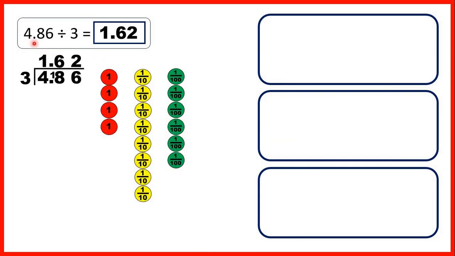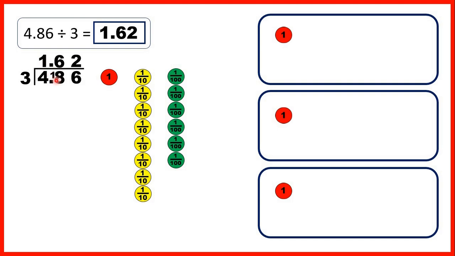Then we had 4.86 divided by 3, so that's 4 ones, 8 tenths, and 6 hundredths. We start by sharing out the ones. We can put 1 one in each group, but then we have 1 one left over, so that's 1 remainder 1.